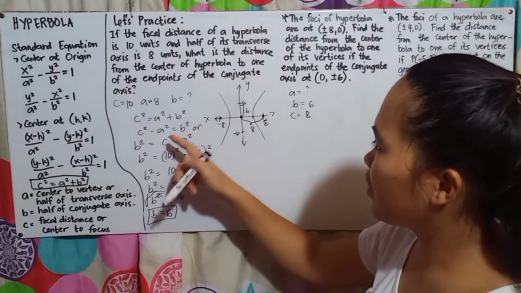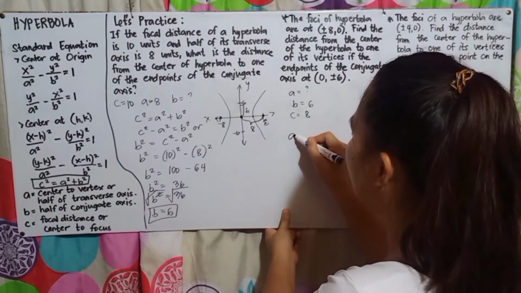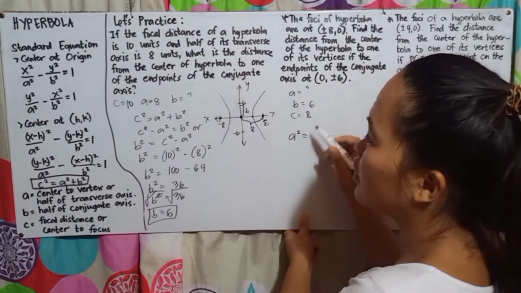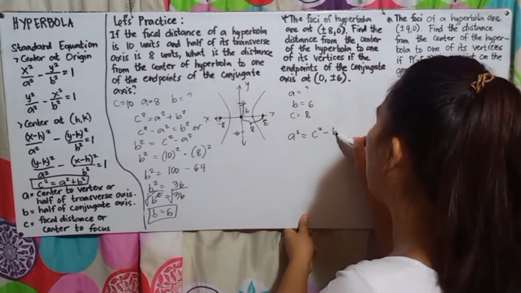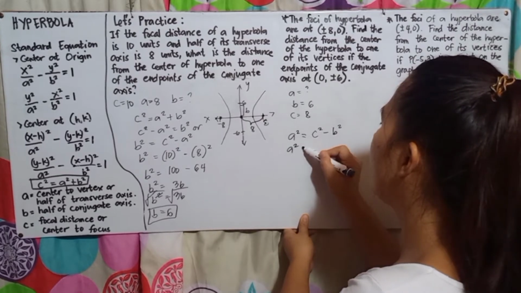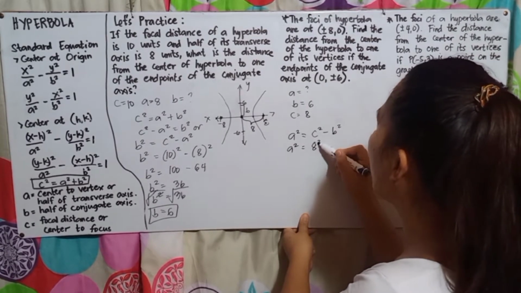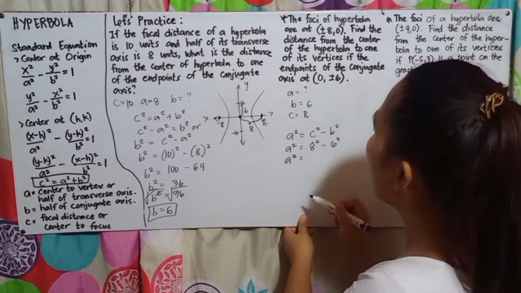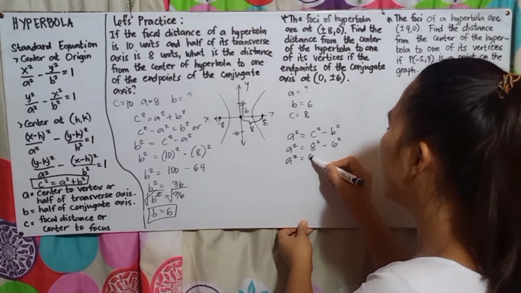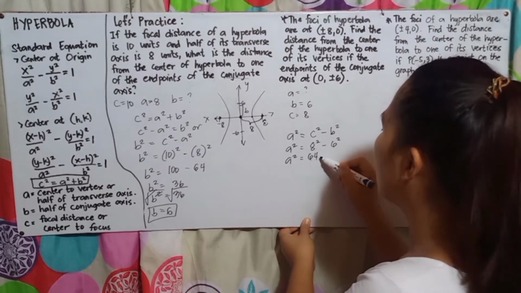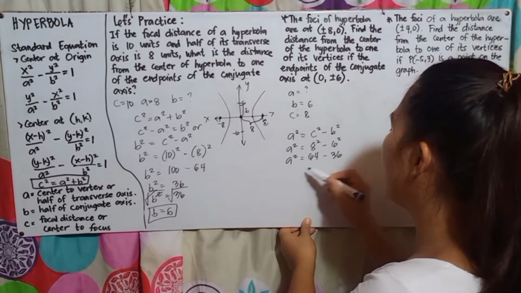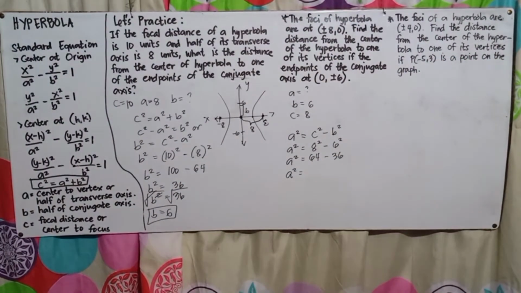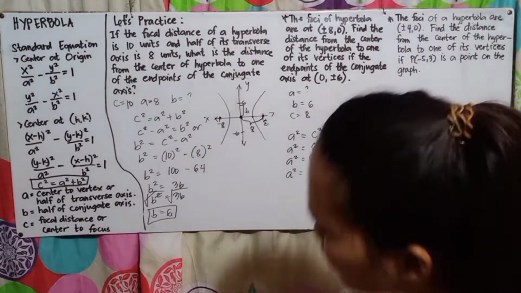So from the main formula, i-derive ang formula, magiging A squared equals C squared minus B squared. Substitute: C is 8 squared minus 6 squared. 8 times 8 is 64 minus 36. So 64 minus 36 is 28.